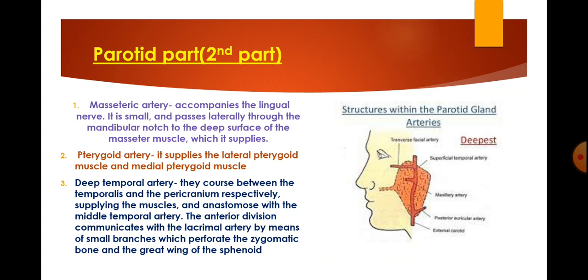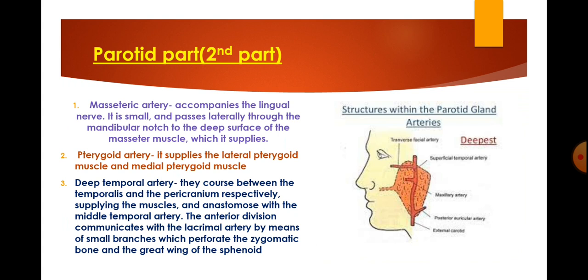Pterygoid part. Masseteric artery accompanies the lingual nerve. It is small and passes laterally through the mandibular notch to the deep surface of the masseter muscle, which it supplies. Pterygoid artery: it supplies the lateral pterygoid muscle and the medial pterygoid muscle.